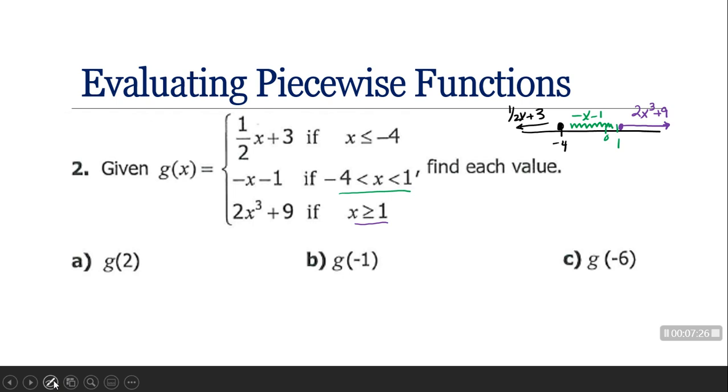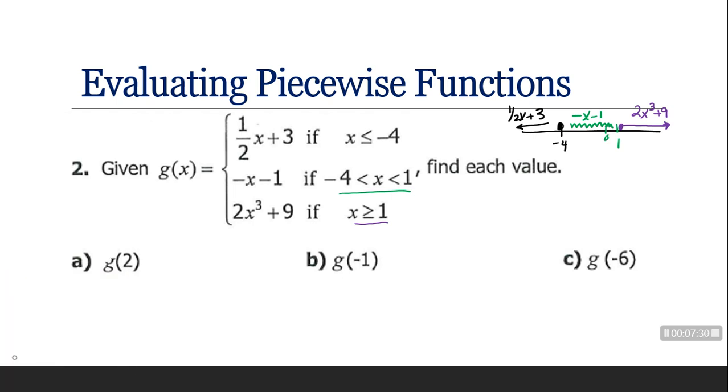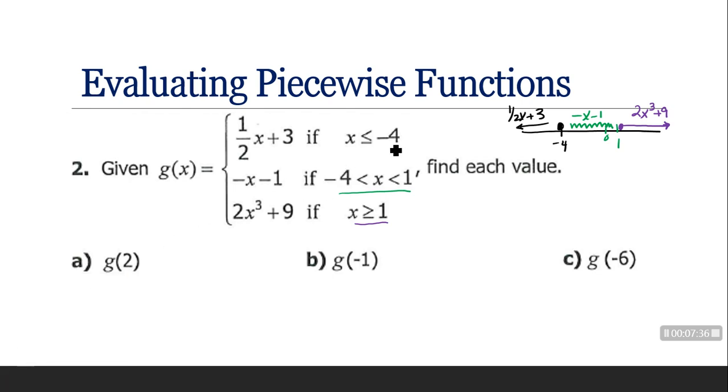All right, so let's check all of our values and see which ones we'll use. G of 2, okay, is 2 less than or equal to negative 4, between negative 4 and 1, or greater than or equal to 1? 2 is definitely greater than or equal to 1, so we are going to use the 2x cubed plus 9 function.